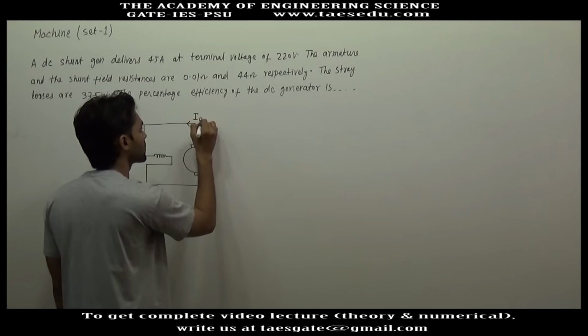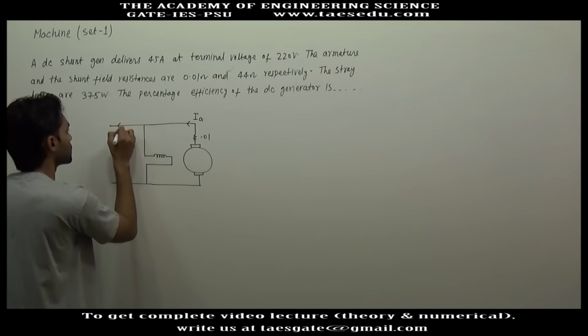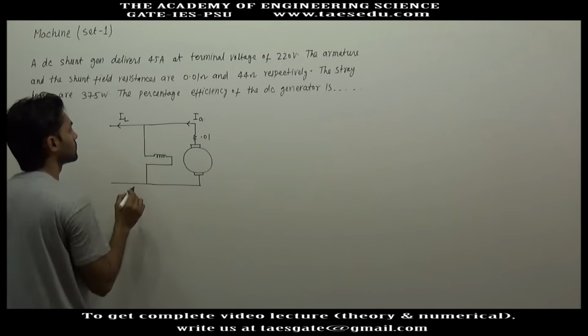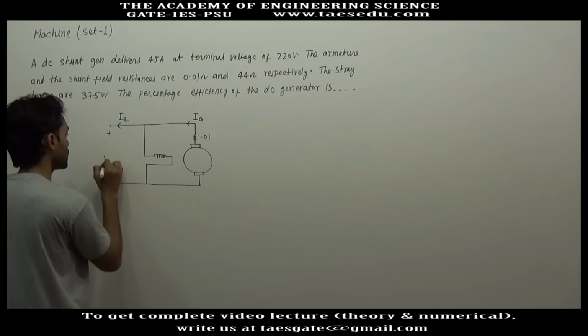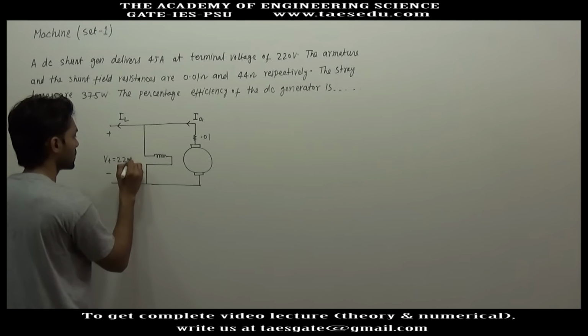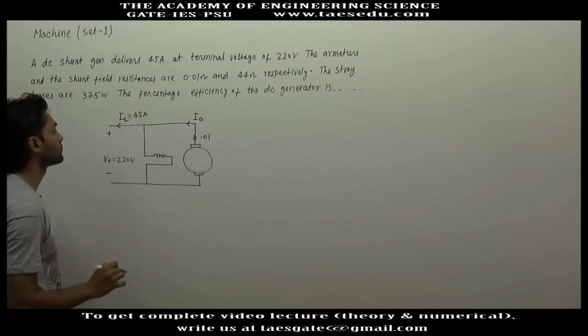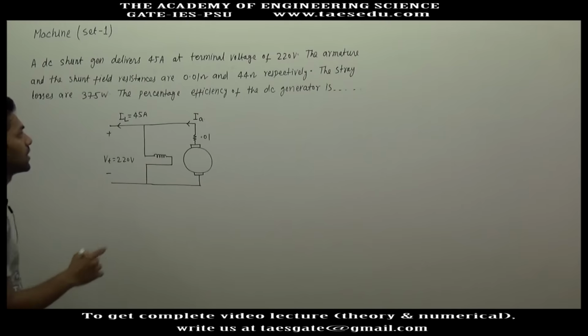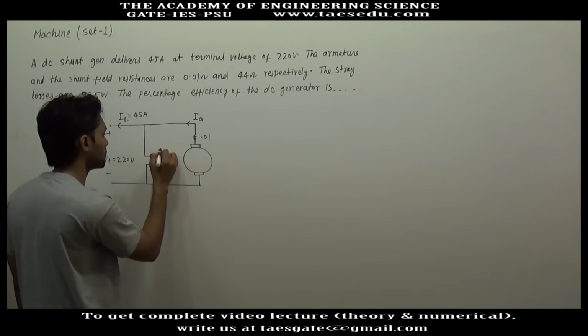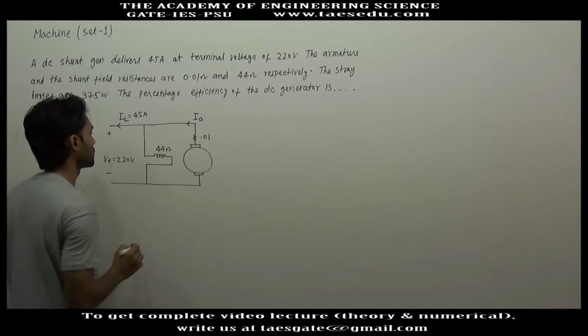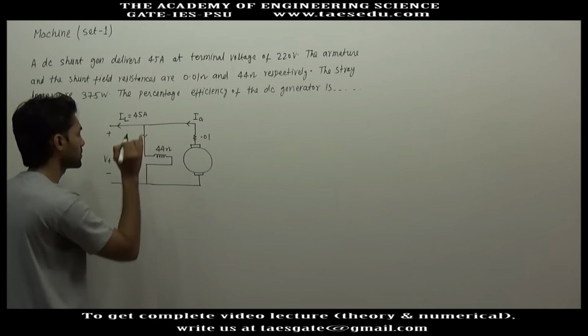This is the armature current, this will be the load current, and this is the terminal voltage, which is given as 220 volt. Load current is given as 45 ampere, and here the resistance is 44 ohm. So what will be the field current?